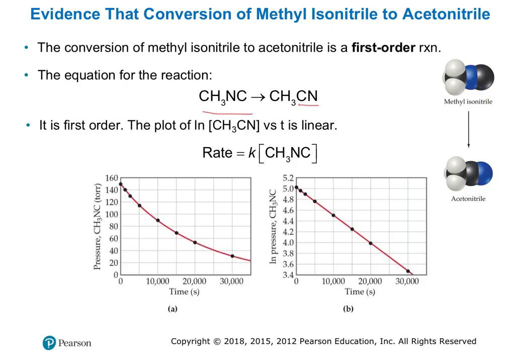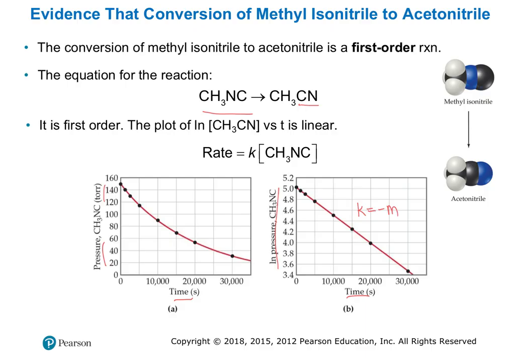We could tell that because when we plot the pressure versus time, it's nonlinear, which is pretty common. But if I took all of those data points for the pressures and took the natural log of them and then plotted that over time, we get a very linear plot, and we could find that the rate constant is equal to the negative of the slope.